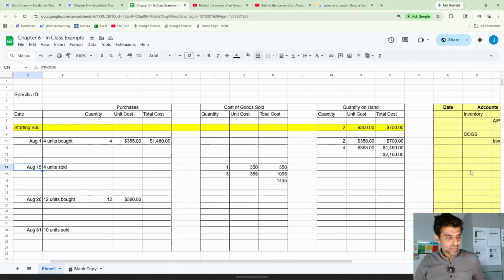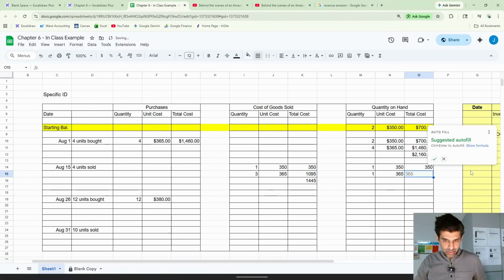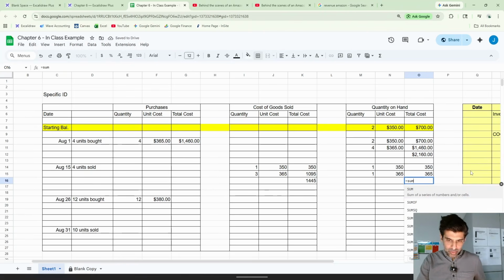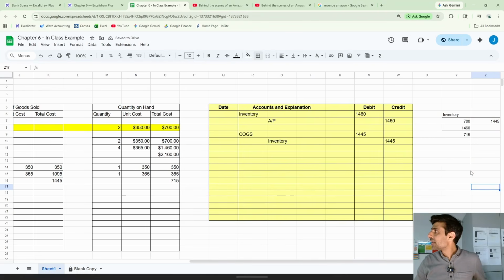Okay, so I've sold 4 units. They were of this kind of mix, right? So how many units of this 350 do I have? 1, right? So 1 at 350. And then how many of these 365 units? Also 1. So if I add these up, it does reconcile with my T account, right?